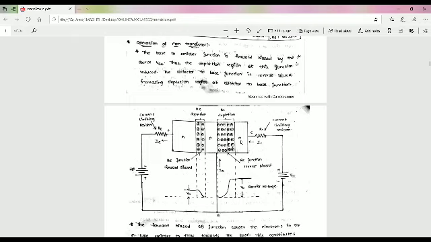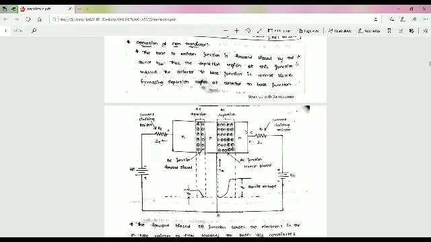The majority carriers are electrons. Most of the electrons from the emitter flow in the collector circuit and very few combine with the holes in the base region. Automatically, the collector current is larger than the base current.